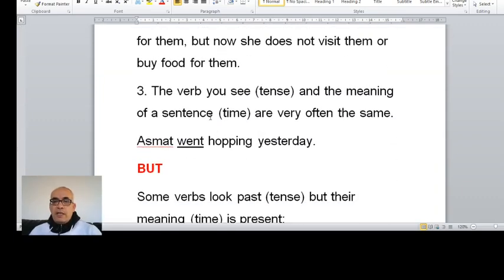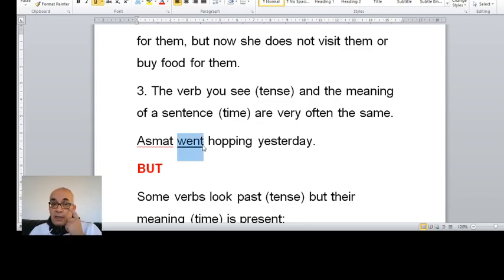Number 3, the verb you see, and this is very, very important. The verb you see is the tense, and the meaning of a sentence, this is the time. Sometimes the verb and the tense, they are the same. So if I say Asmat went shopping yesterday, went is past.